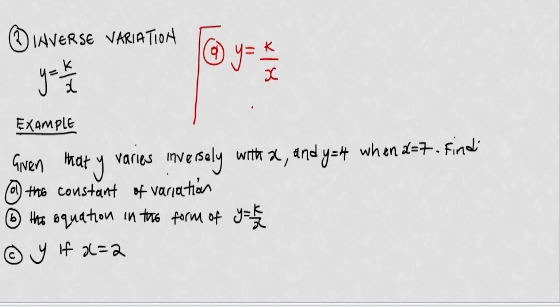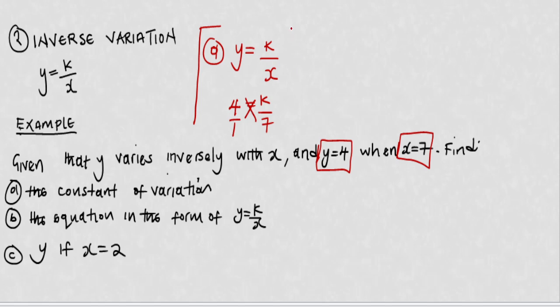This is what it means when we look at inversely. Then we've been told y is 4. So where there is y, we put 4, and where there is x, we put 7. Here we'll say over 1, we cross multiply.